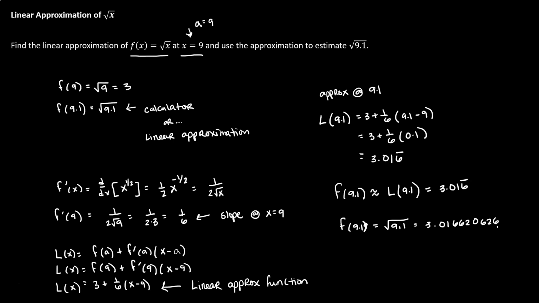My calculator stops right here, so who knows what continues after that last 6. But if we compare our answers, the approximate value from the linear function is very close to the value that we get from our calculator using the actual function. And so this is the idea of this section for linear approximation, that if we stay very close to the point that we know the true value for, we can use a tangent line to approximate values around that point on our function.